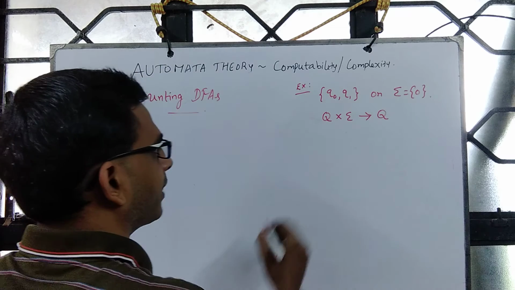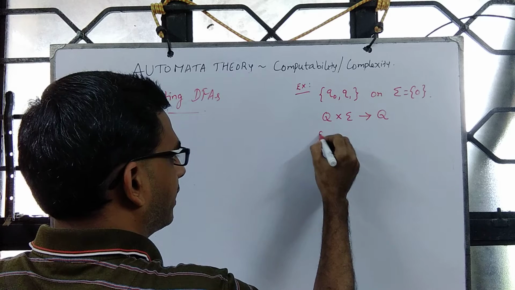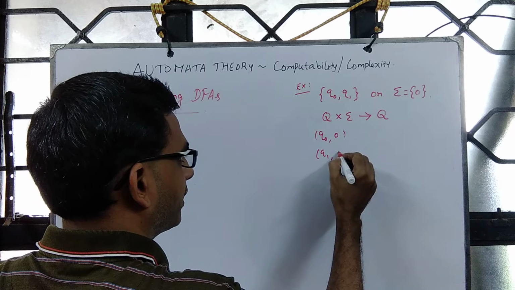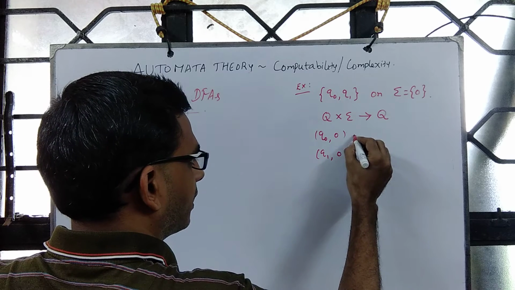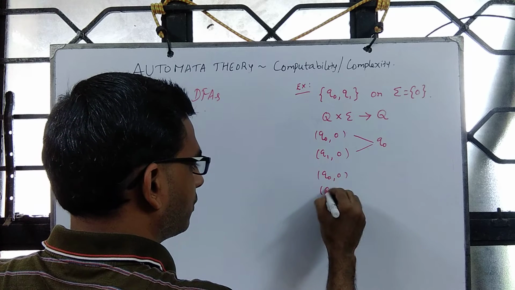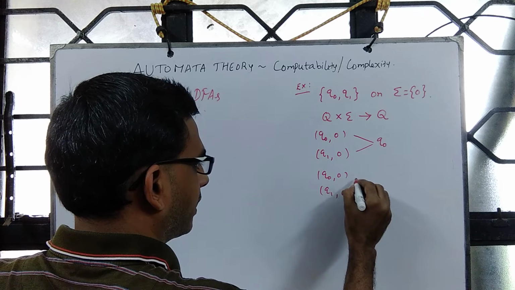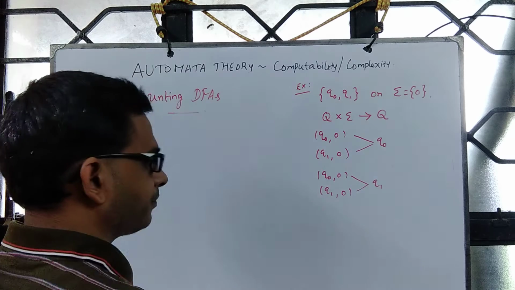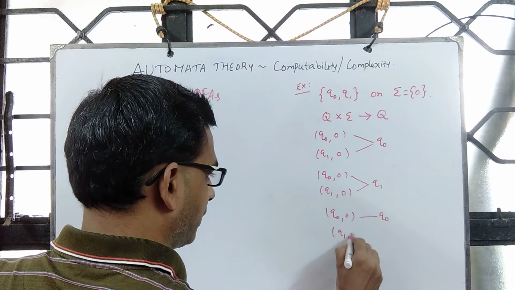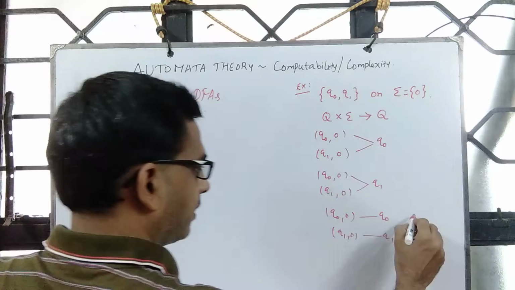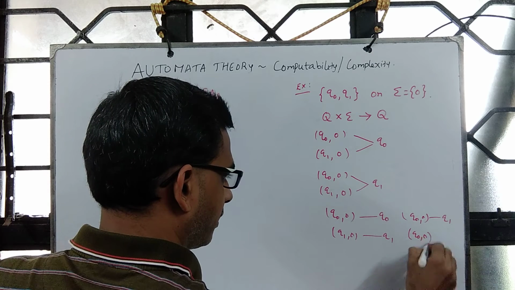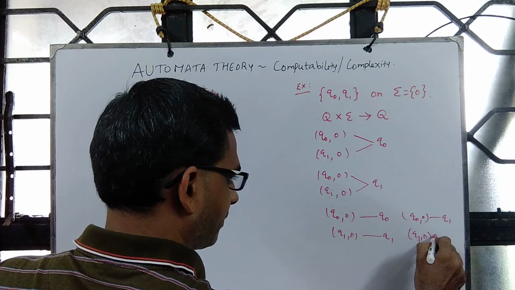We know that each element in this, like (q0, 0) or (q1, 0), maps to q0 or q1. One function is (q0, 0) mapping to q0 and (q1, 0) mapping to q1, and another function is (q0, 0) mapping to q1 and (q1, 0) mapping to q0.